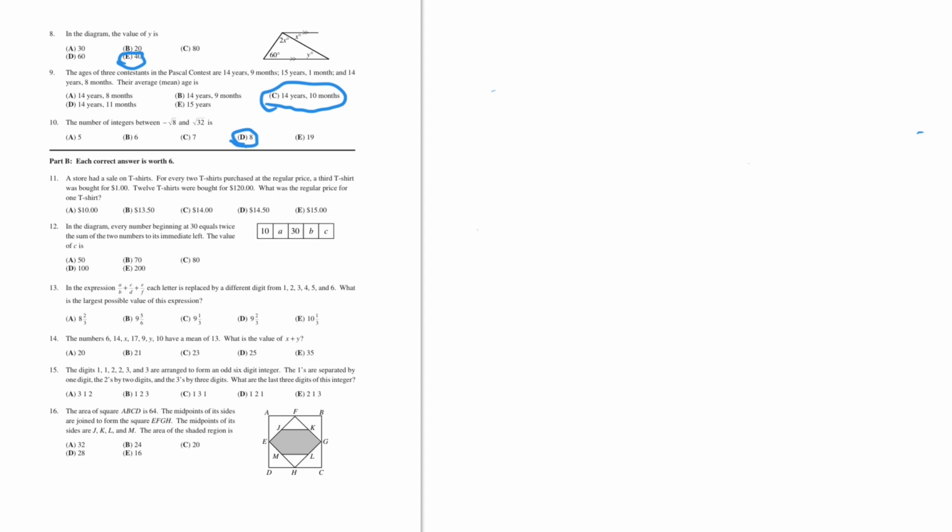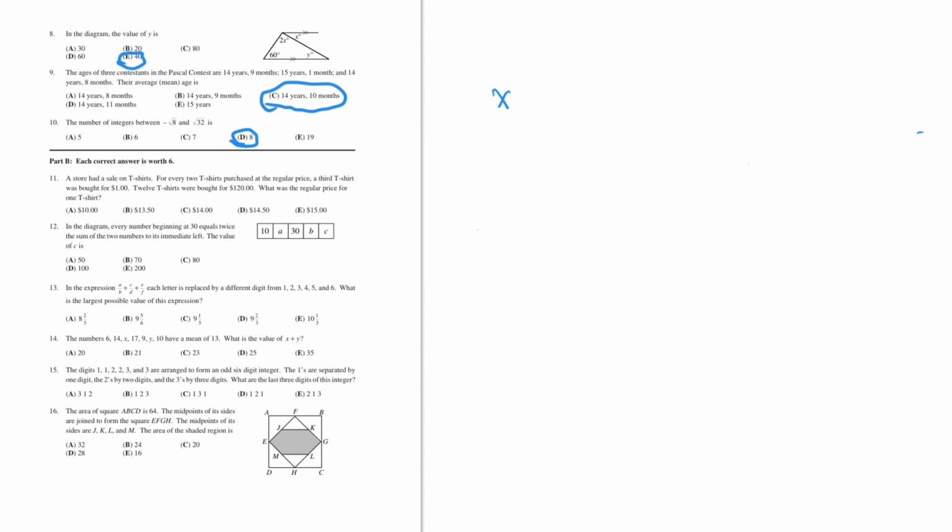Number 11. A store had a sale on t-shirts. For every 2 t-shirts purchased at the regular price, a third t-shirt was bought for $1. 12 t-shirts were bought for $120. What was the regular price for a t-shirt?